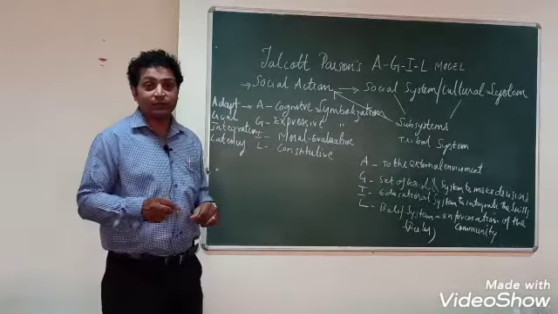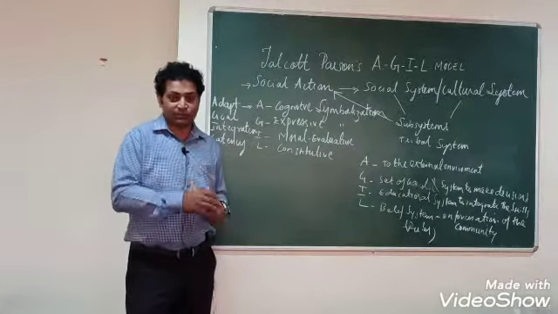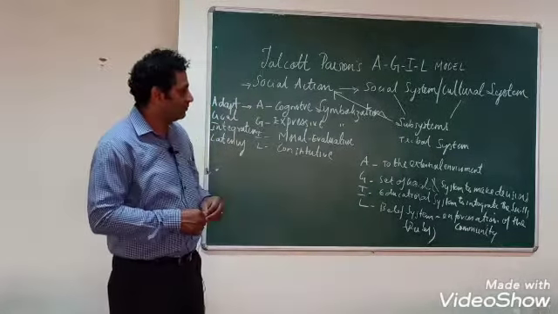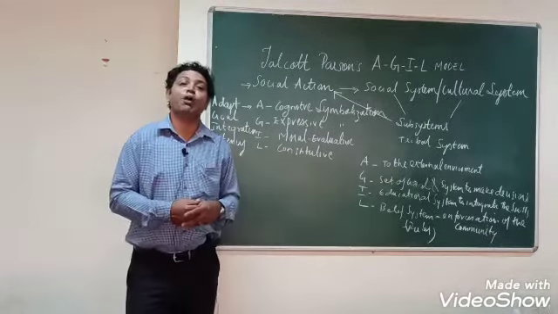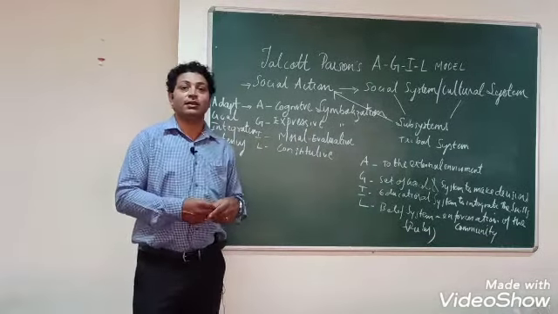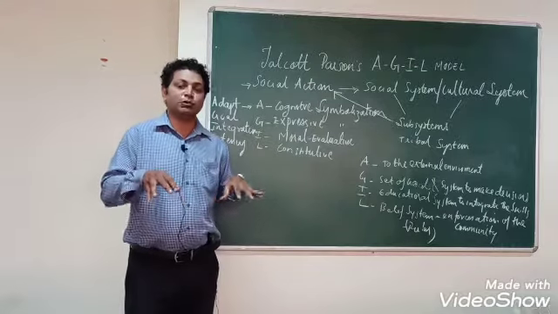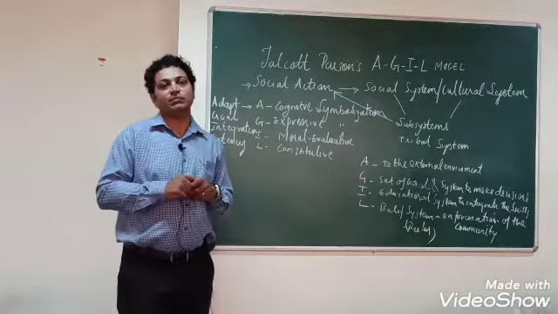Going further, you need to set goals. You need to set goals, and you need to put a system in place so that you can take proper decisions towards this process of adaptation.